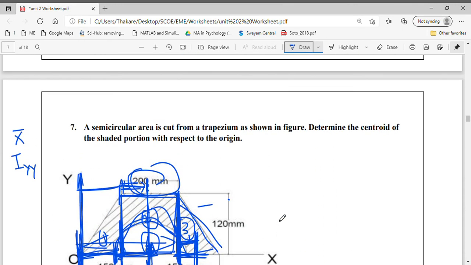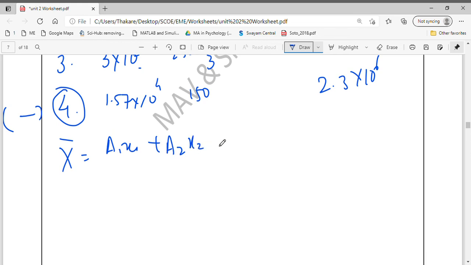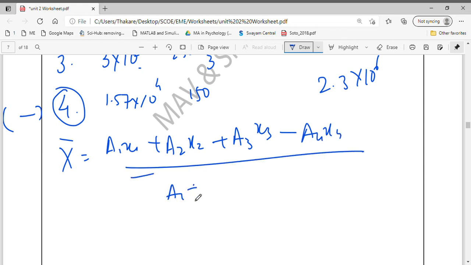Now we have to determine x bar, and the formula for x bar will be, this fourth section is to be deducted. So you will have a1 x1 plus a2 x2 plus a3 x3 minus a4 x4 upon a1 plus a2 plus a3 minus a4.